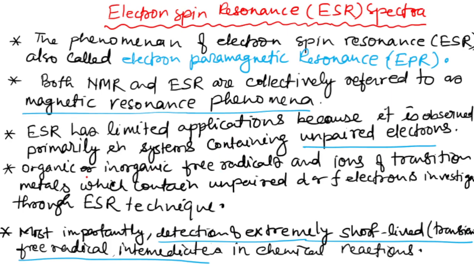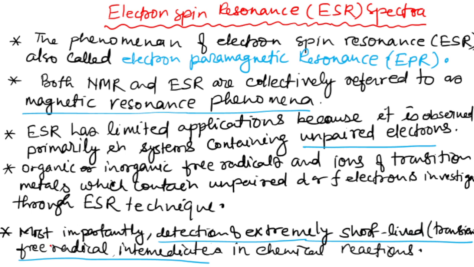But now organic and inorganic free radicals and ions, those molecules, also give transitions. Ions of transition metals, and unpaired electrons in d or f orbitals, can be investigated through this technique.